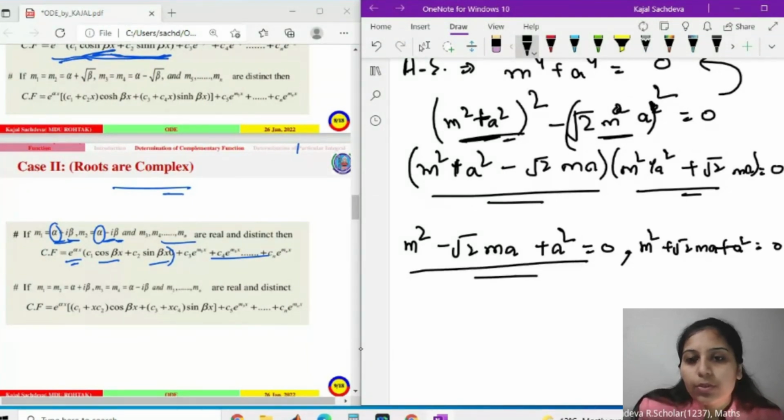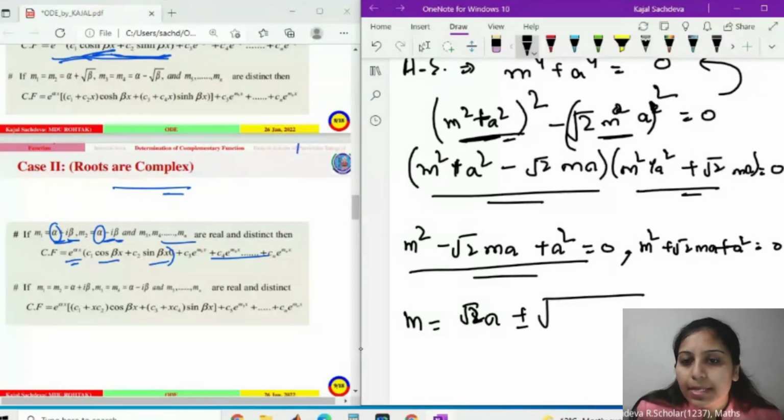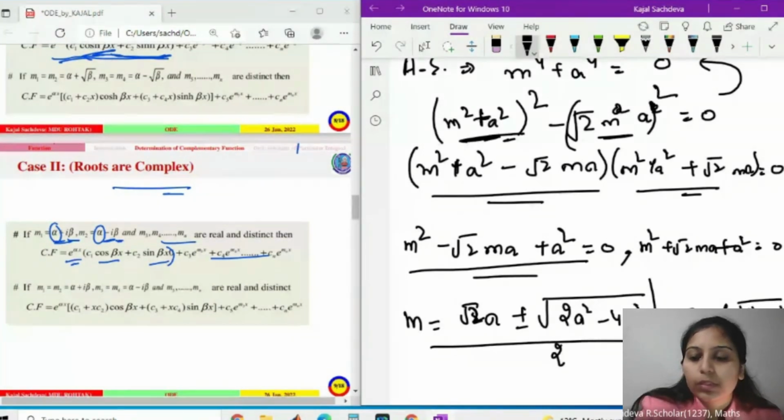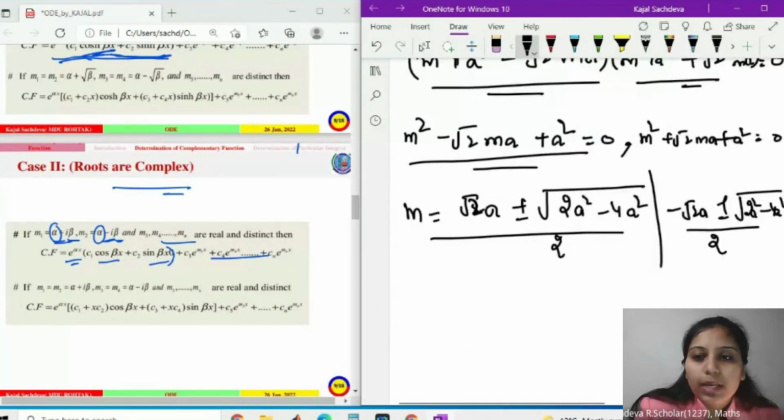So in this, when we solve by the quadratic formula, m is equal to minus b, which is root 2a, plus minus under root b^2, 2a^2, minus 4a^2, upon 2. And in the similar manner, these roots can be found. So from here, two roots can be found from the first side and two from the second side.